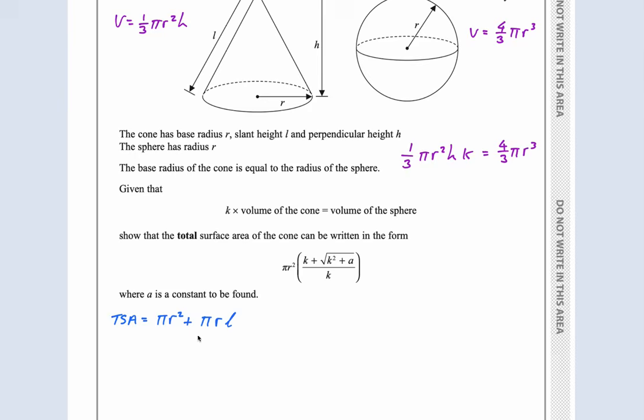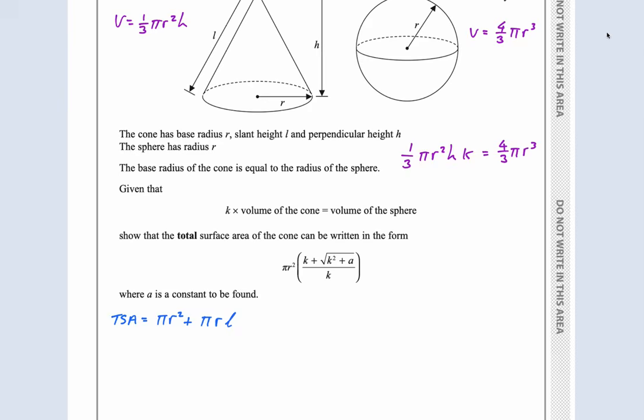Okay, now we want to turn this into this. Whatever they've come up with, this answer has a pi in it, it has an r in it, it has a k in it, and it has some a, which is some number. What it doesn't have is an L or an h. So we need to remove the L and the h. So for this equation here, let's get the h in terms of the other stuff.